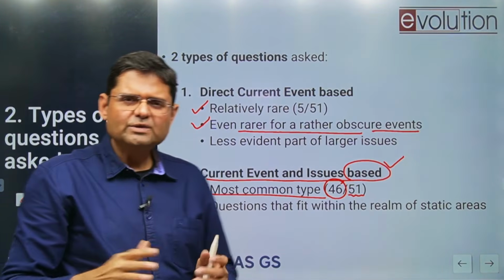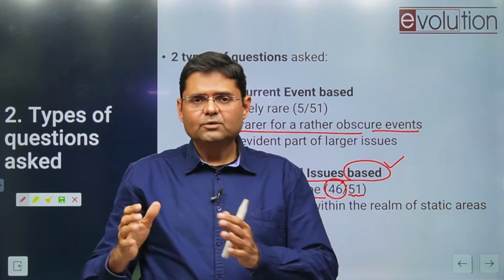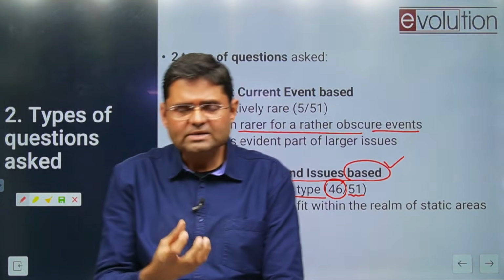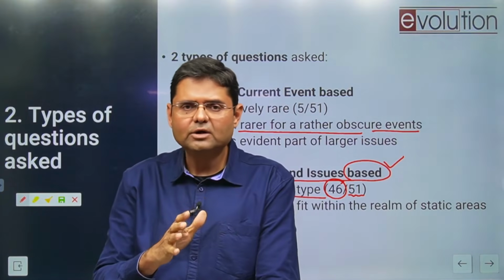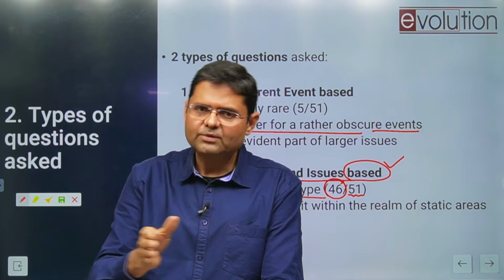The events which are obscure, which do not catch your eyes, which find a mention somewhere in the footnote, a lot of newbies try to attach a lot of importance to those topics. But unfortunately, that will be effort wasted.